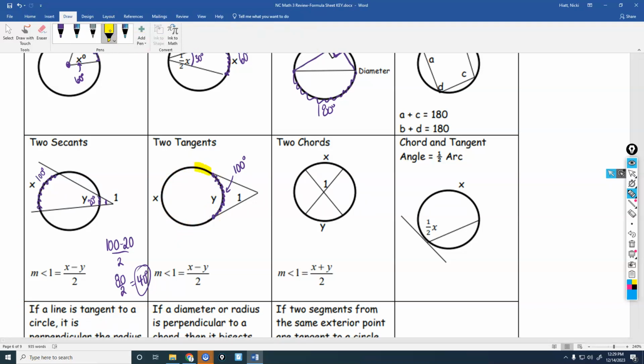So this part over here would be 260. And then to find angle 1, we would do 260 minus 100 divided by 2. So that'd be 160 divided by 2, which would give us 80 degrees.